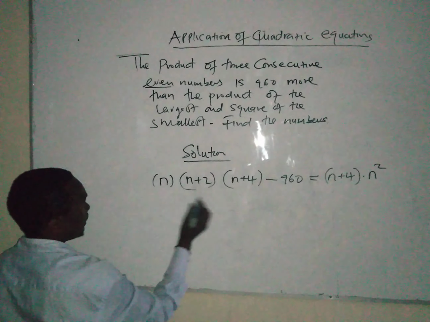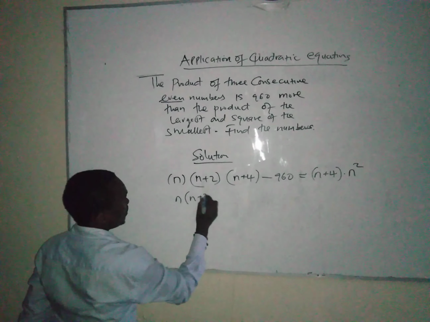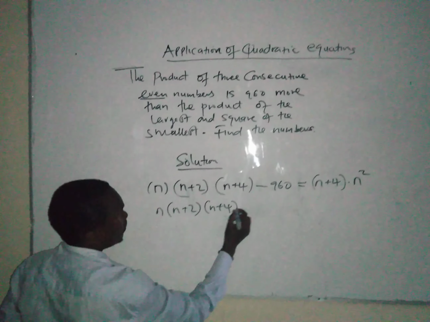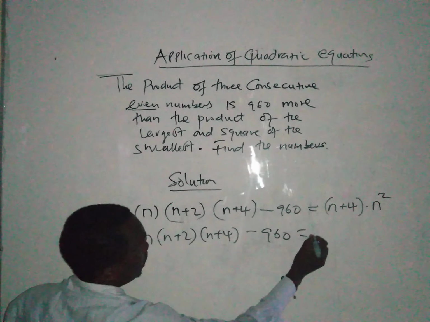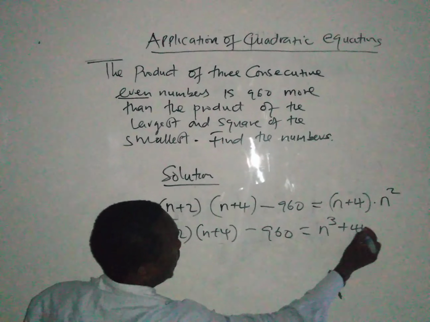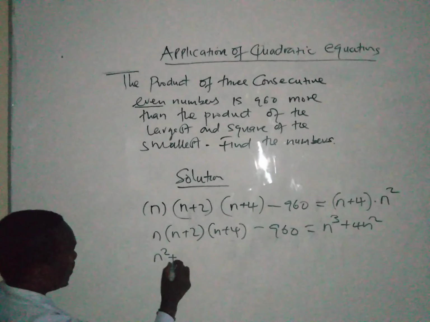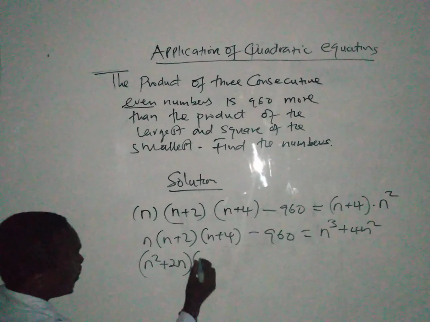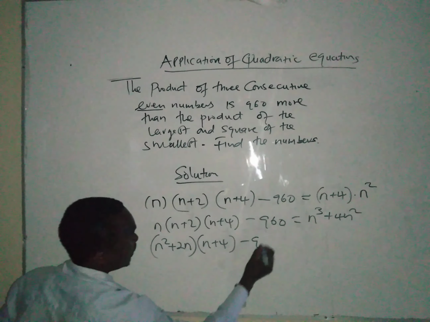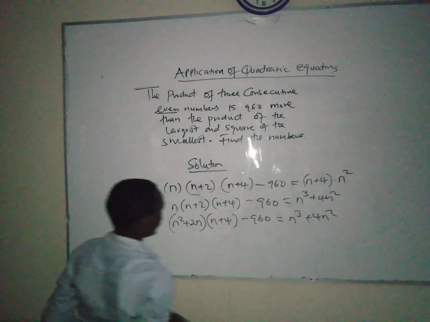Multiplying the left hand side, we have n into n plus 2, n plus 4 minus 960 is equal to n cubed plus 4n squared. Okay? Multiplying this side, we have n squared plus 2n, n plus 4 minus 960 is equal to n cubed plus 4n squared.